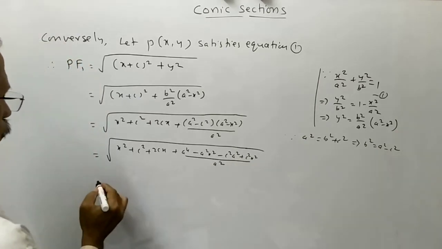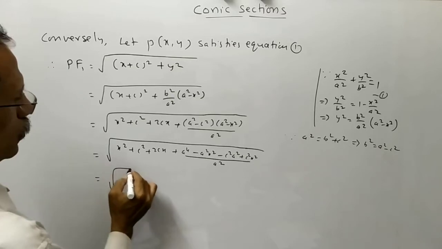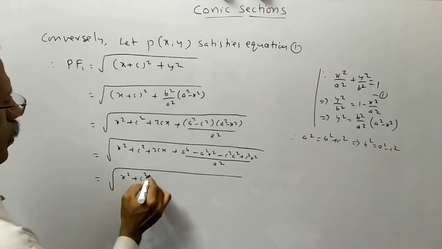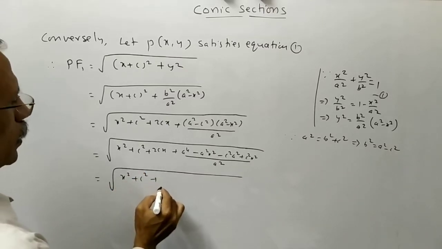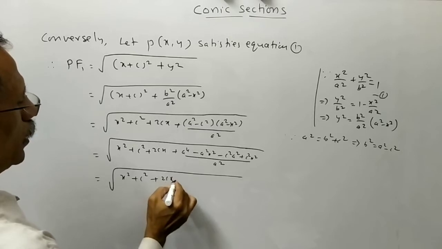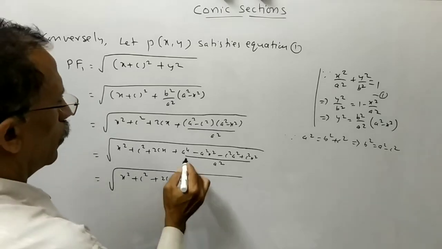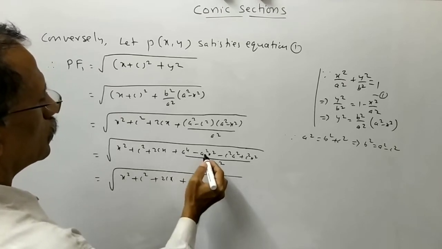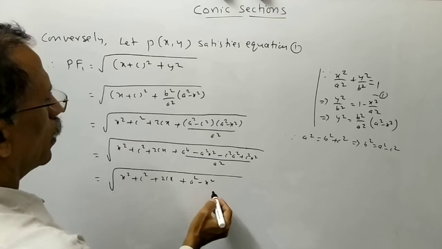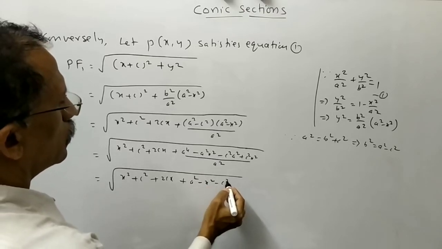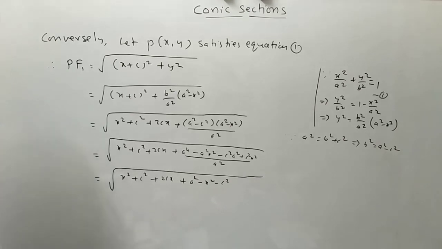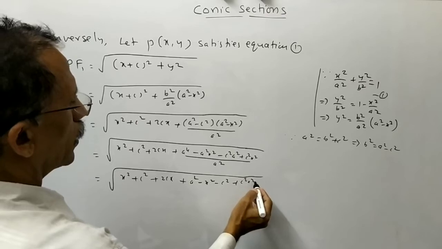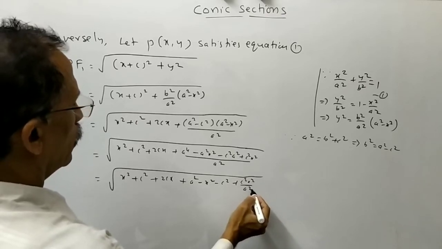a square is equal to square root of x square plus c square plus 2cx plus a square minus x square minus c square plus c square x square divided by a square.